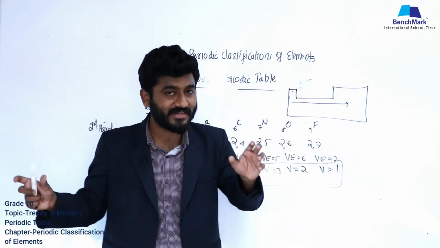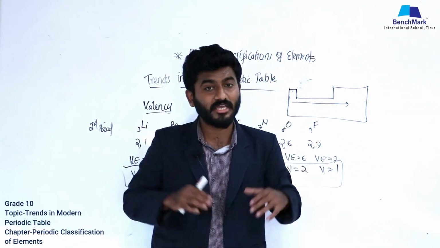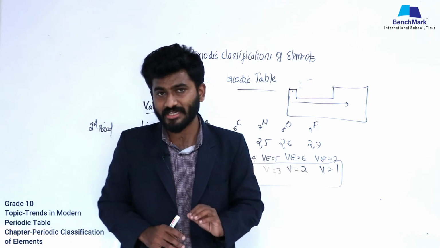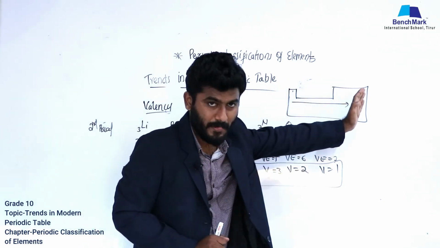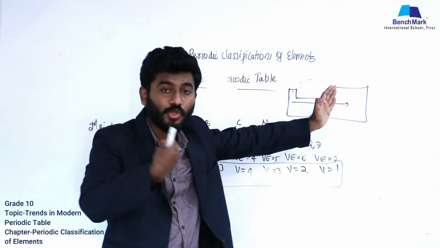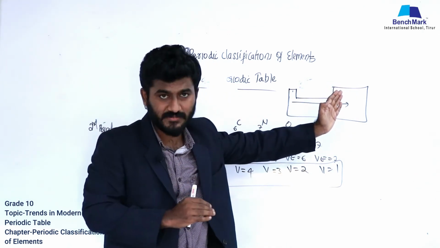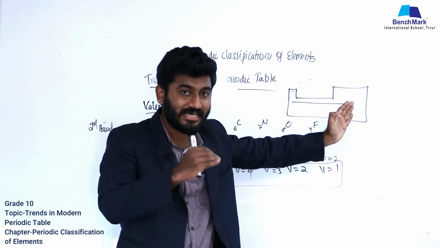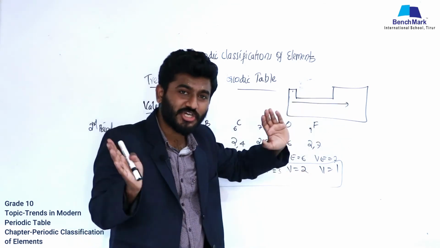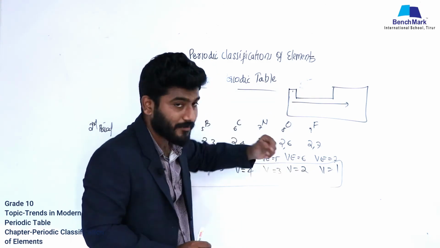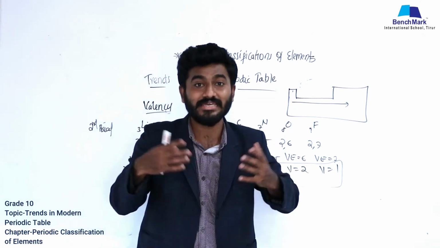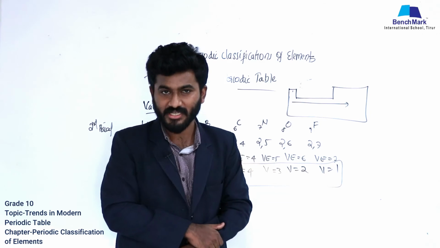And you can connect this with electropositivity and electronegativity. Listen, if you move from left to right, the tendency to lose electrons decreases. That means the metallic nature decreases. And if you move from top to bottom, the tendency to lose electrons increases, so metallic nature increases.